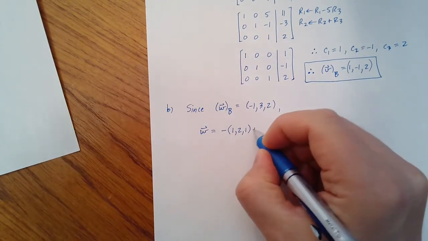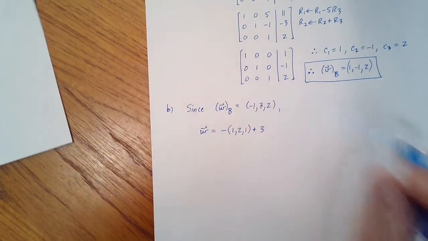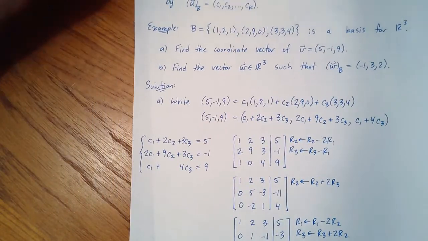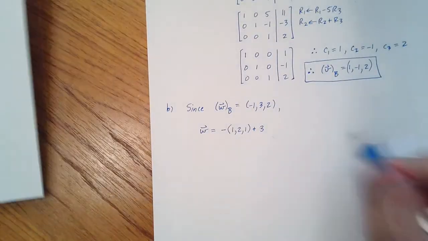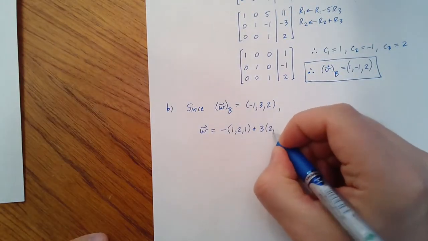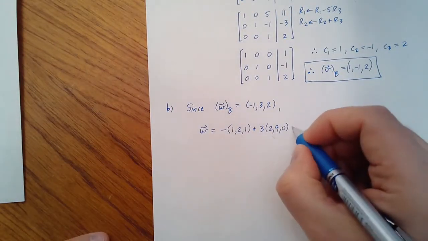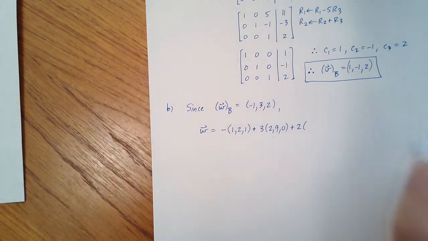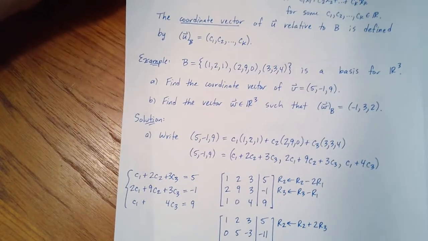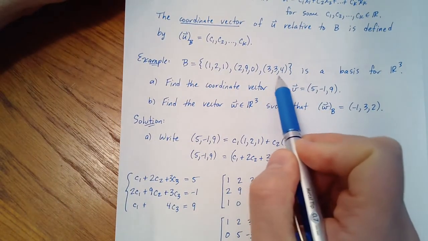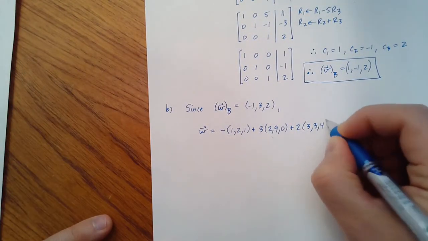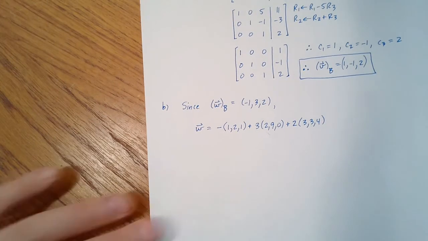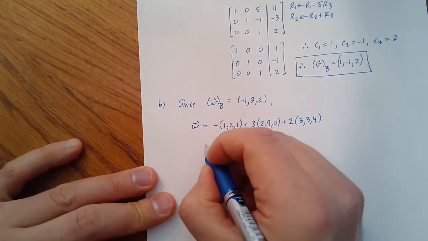Then we're going to go plus 3, because that's our second coordinate, times the second vector in our basis, which is 2, 9, 0. And then lastly, plus 2 times 3, 3, 4, because 3, 3, 4 is the last vector in our basis. So that's your first step to finding the vector W, and the rest is just to work it out.